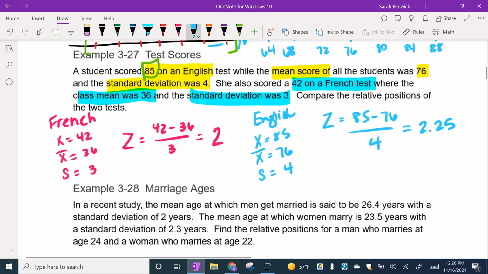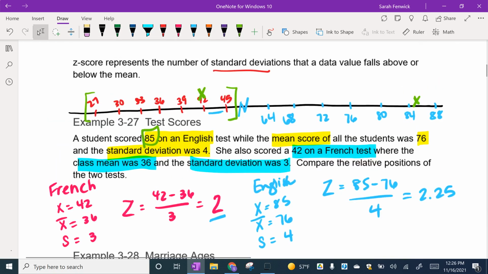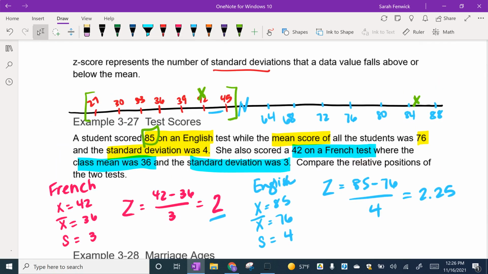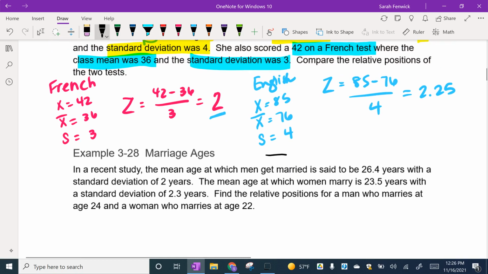So what does this mean to me? This means that the French score was exactly 2 standard deviations above the class average. And then the English score was 2.25 or 2 1/4 standard deviations above the class average. So instead of having this number line with all these crazy numbers everywhere, I can do one number line.